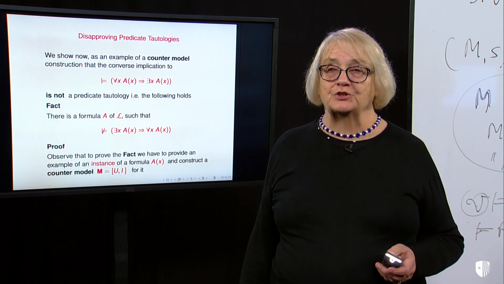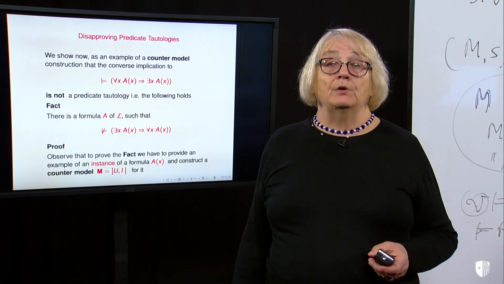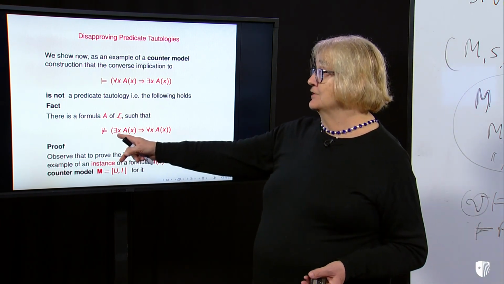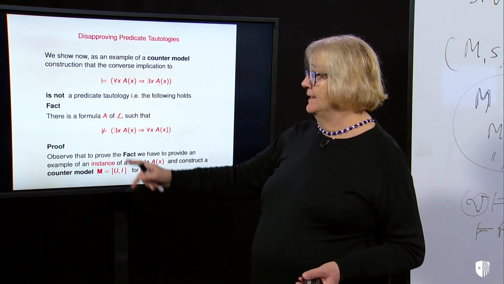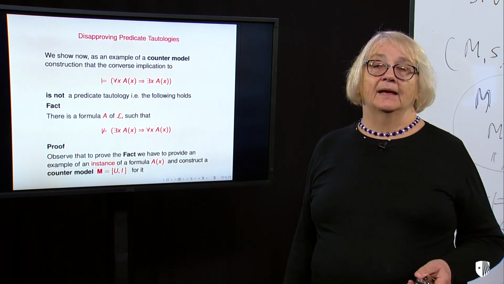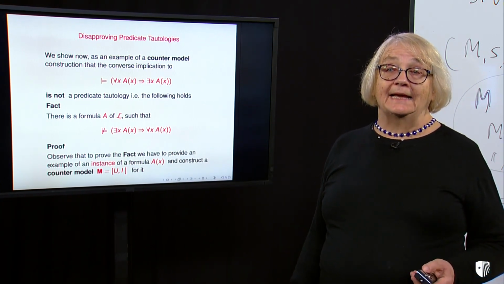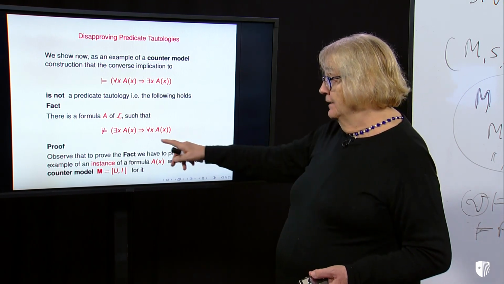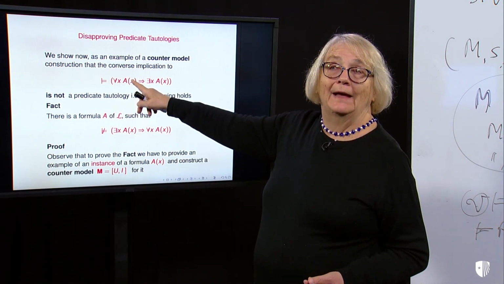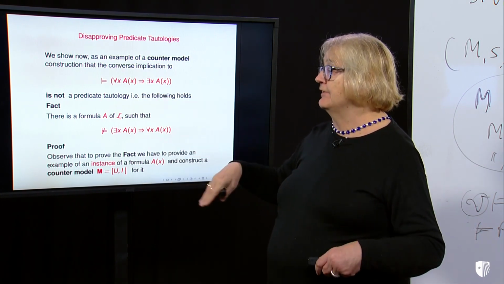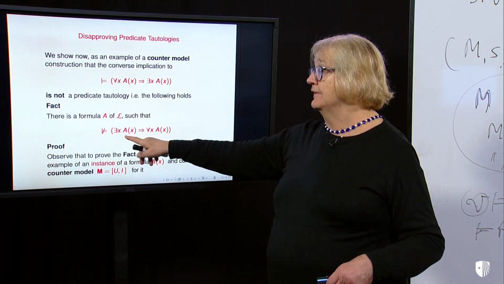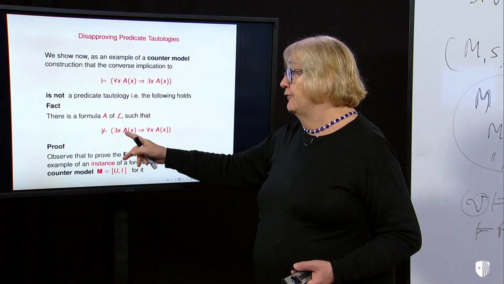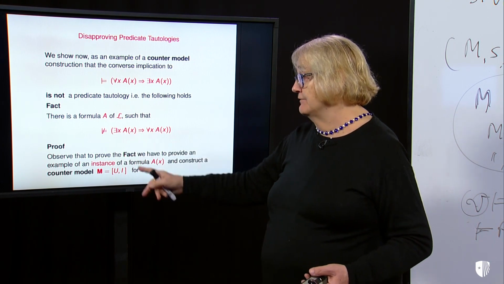So I want now to prove, for example, that the inverse implication is not a predicate tautology. It means that we have to show it fails for some formula A. When you have a contramodel, it's enough to give one formula. It is not true for all formulas, so there is a formula.